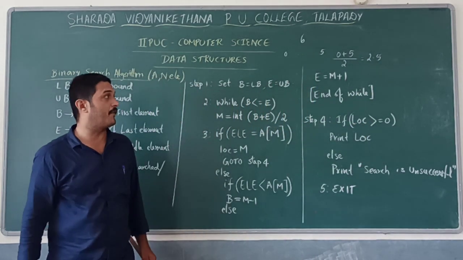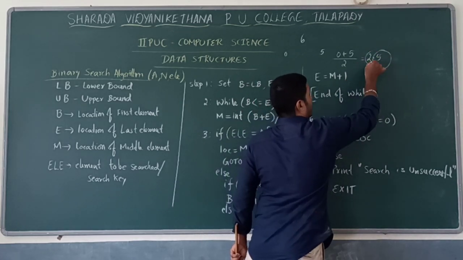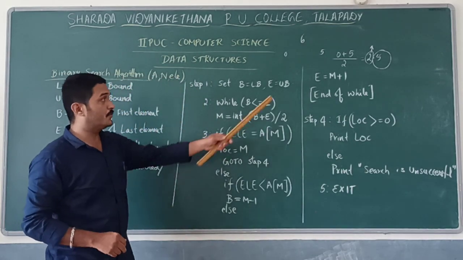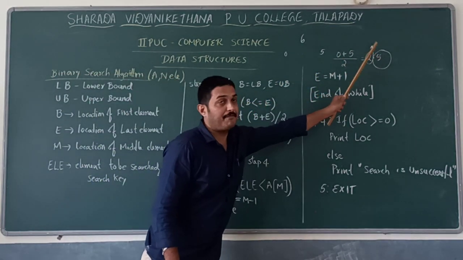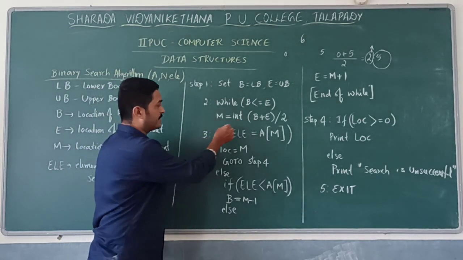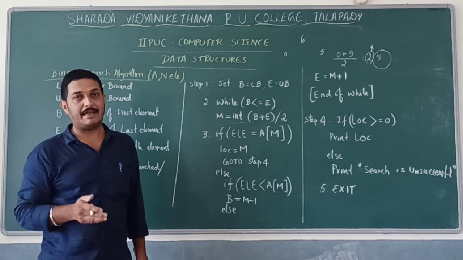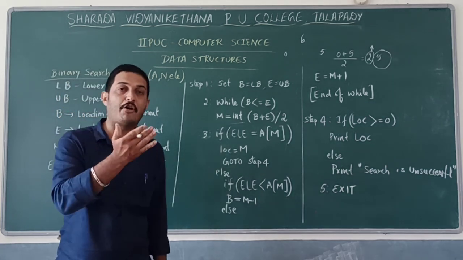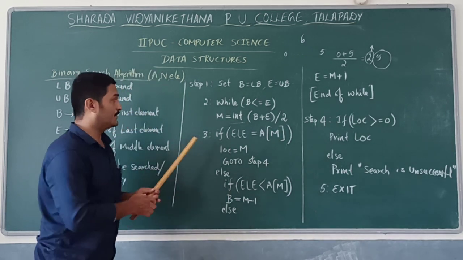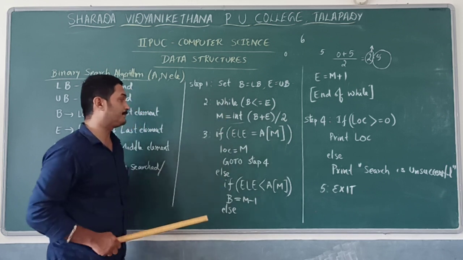To eliminate the 0.5, element number 2 is treated as the center element. So to eliminate the 0.5 fractional part, we need int. This concept is in the first year syllabus, that is type conversion, to convert floating point to integer. So M equal to int of B plus E divided by 2.